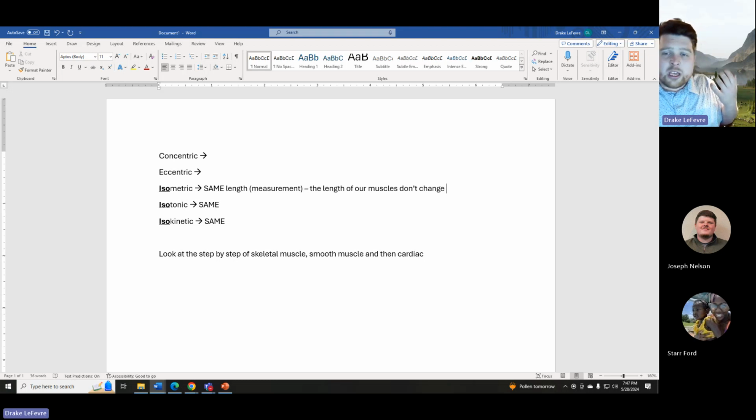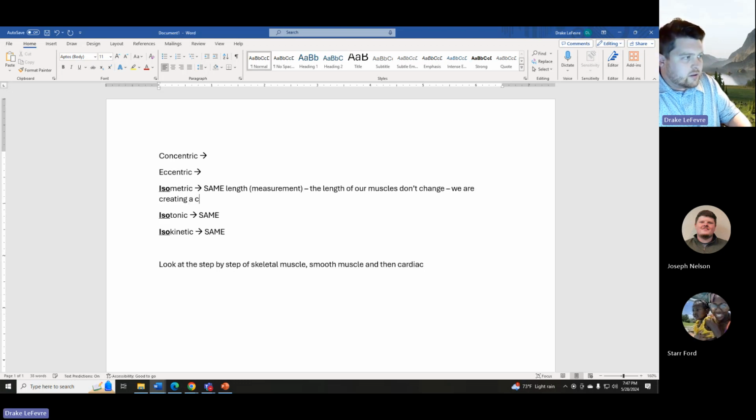So what it means is that we're exerting a force, we are creating a force, but that force is matched by whatever we are acting on.